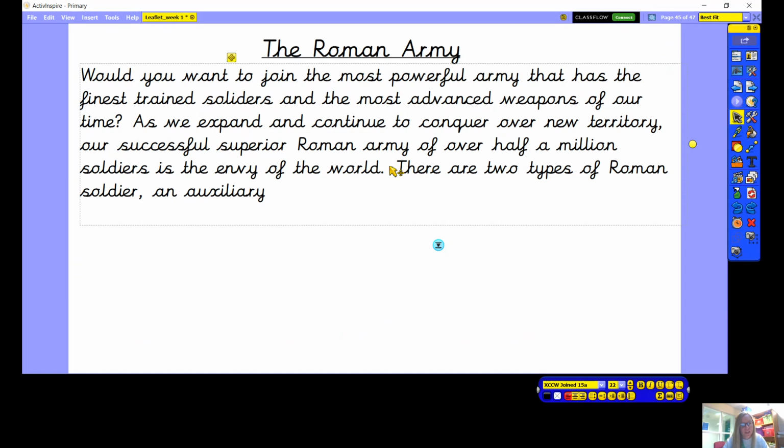I know if I was in the classroom, sometimes I dot under the spellings that I'm not sure of and go back to these and check them in a dictionary at the end. So that's fine to do something like that. And there are 2 types of Roman soldier: an auxiliary soldier. And you could be an auxiliary soldier if you are not a Roman citizen.